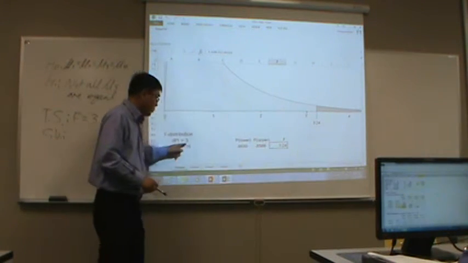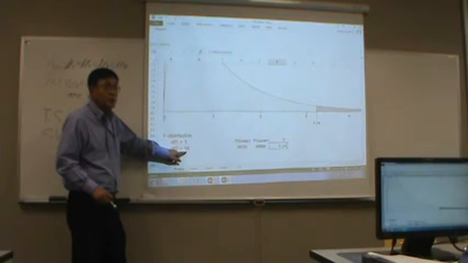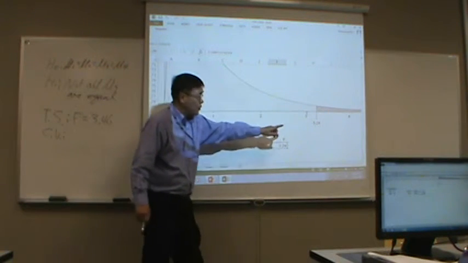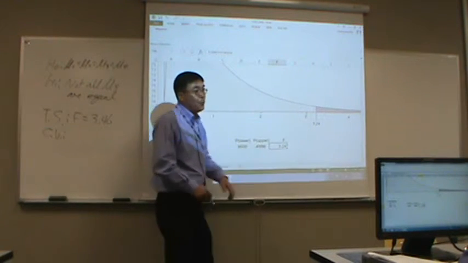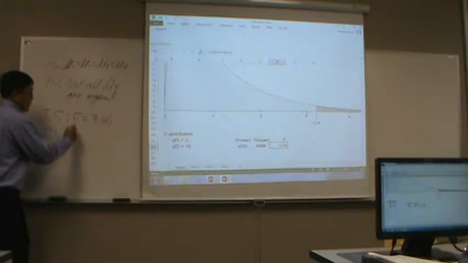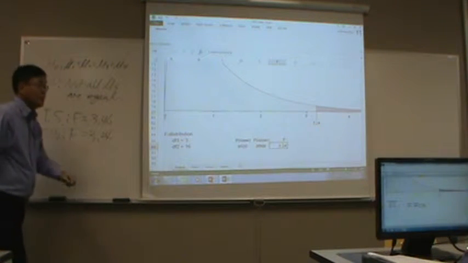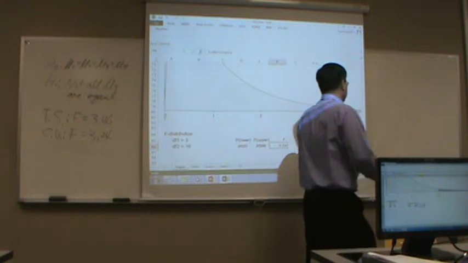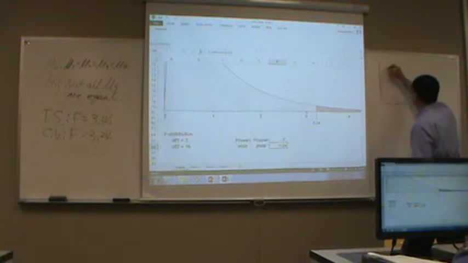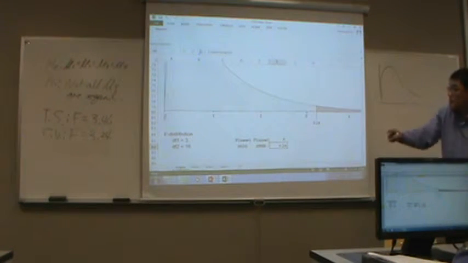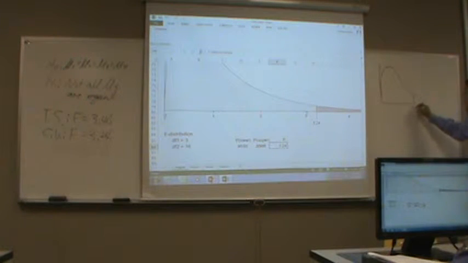When DF1 is 3 and DF2 is 16, the critical value is 3.24. F equals 3.24. The test statistic is 3.46, slightly outside.